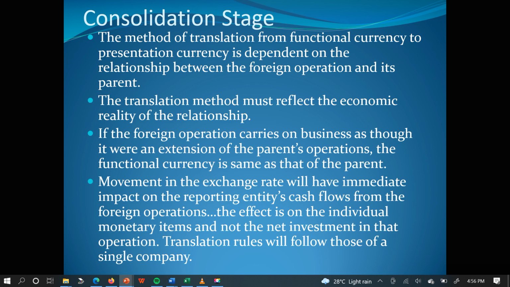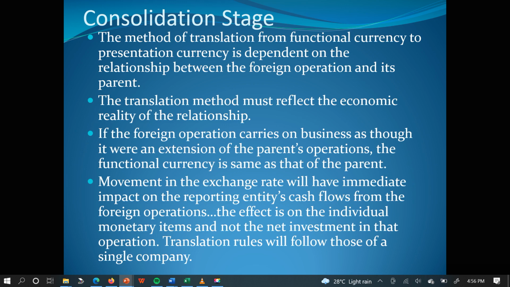So when we think about translation of a financial statement, we are thinking about those that will have a functional currency different from the presentation currency of the parent. So how you translate a subsidiary's financial statement is dependent on the relationship between the foreign operation and its parent.